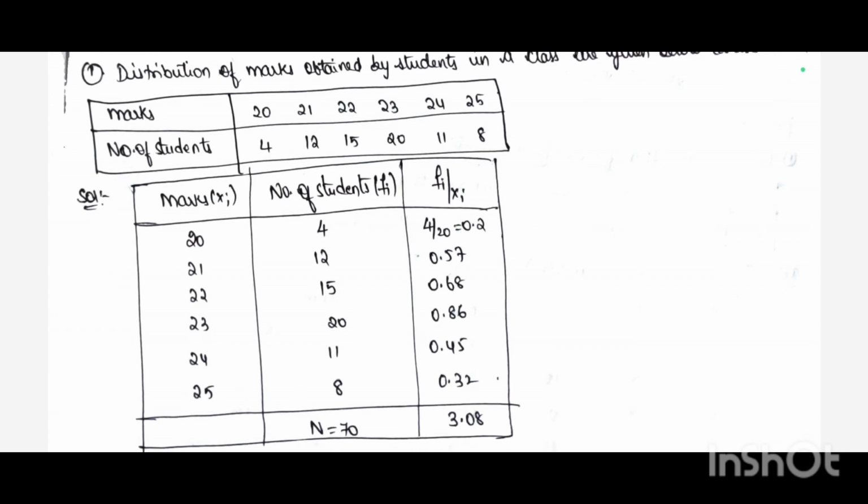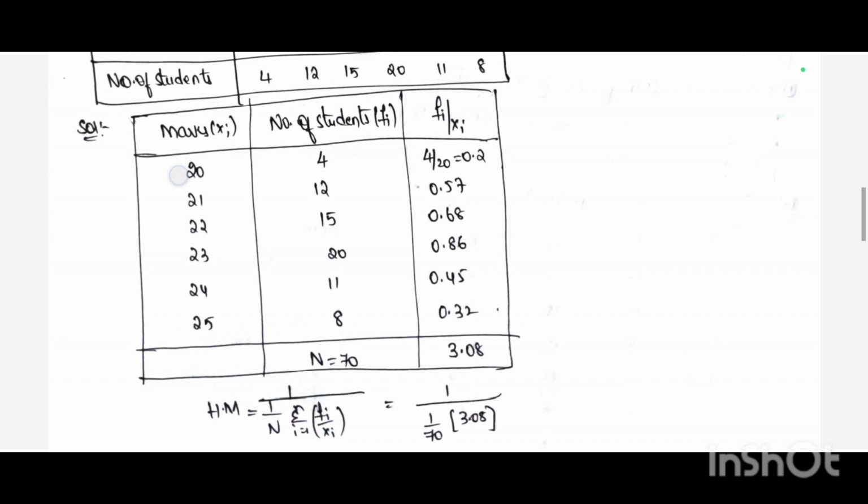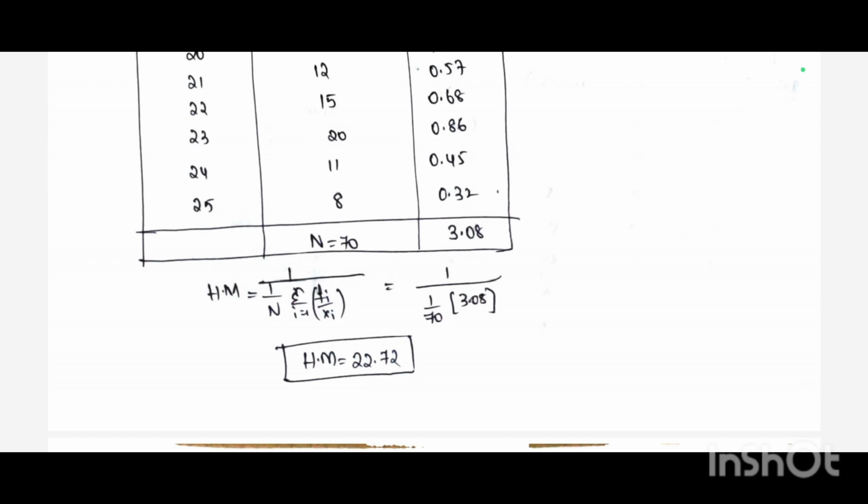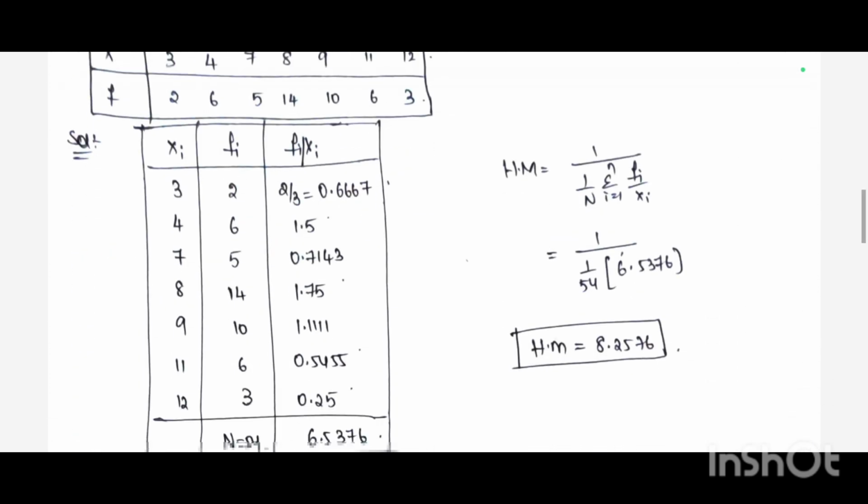Like that, 12 divided by 21, 0.57, 15 divided by 22, 0.68, 20 divided by 23, 0.86, 11 divided by 24, that is 0.45, and 8 divided by 25, that is 0.32. Capital N equals 70 observations. 70 divided by 3.08, we got 22.72.